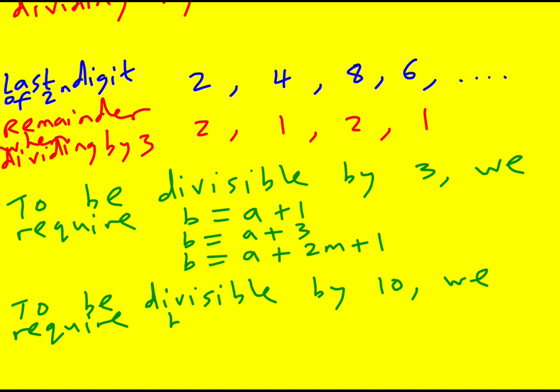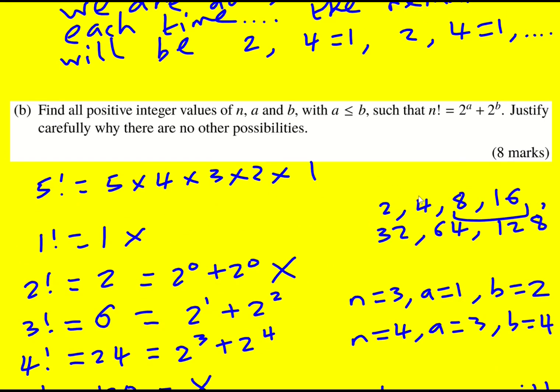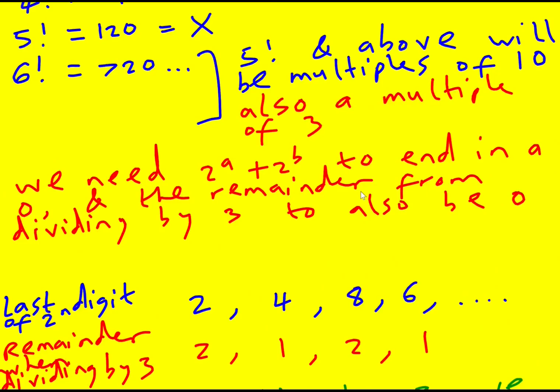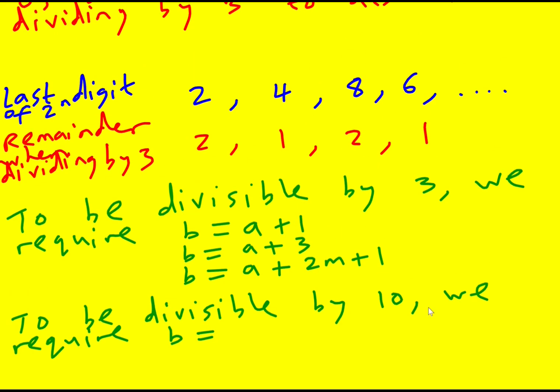So I'm going to require B is equal to A. So I was just checking that I was right here, because B and A are not actually the number, they're the indices, the index. So for this to be divisible by 10, we need it to be an even number away.